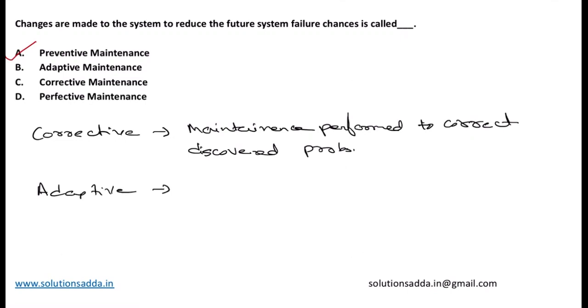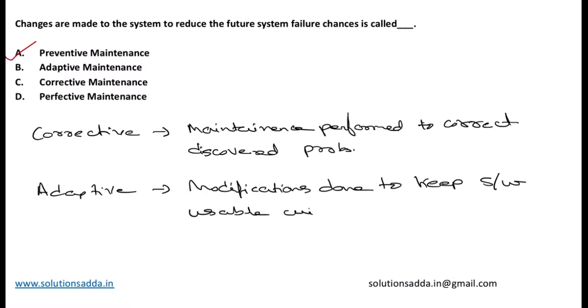Modifications performed to make the software usable with the changing environment. Next is perfective maintenance. Perfective maintenance is done to improve the performance or maintainability.